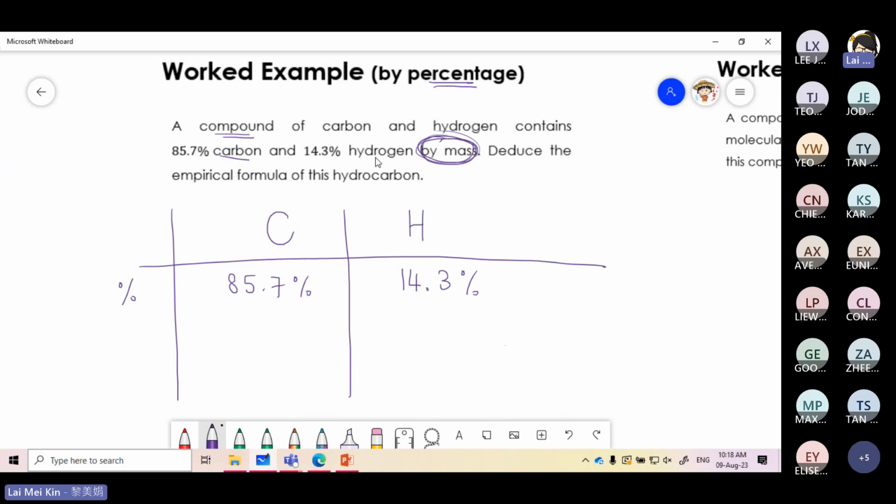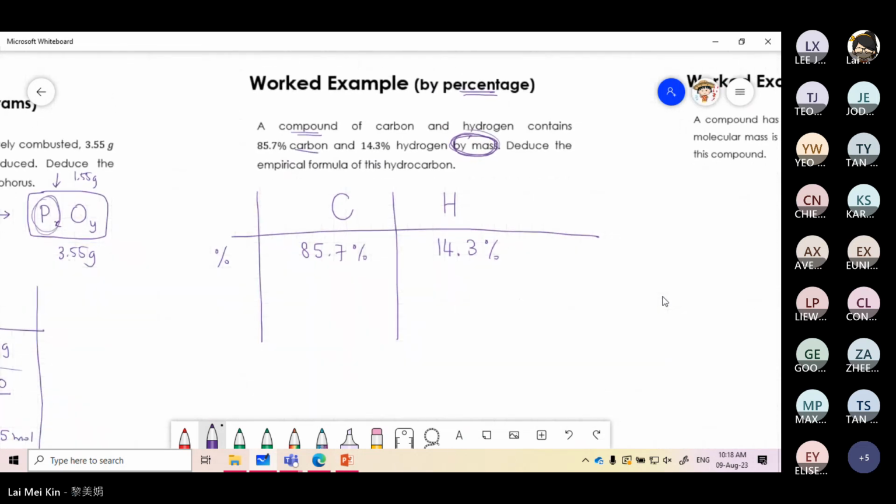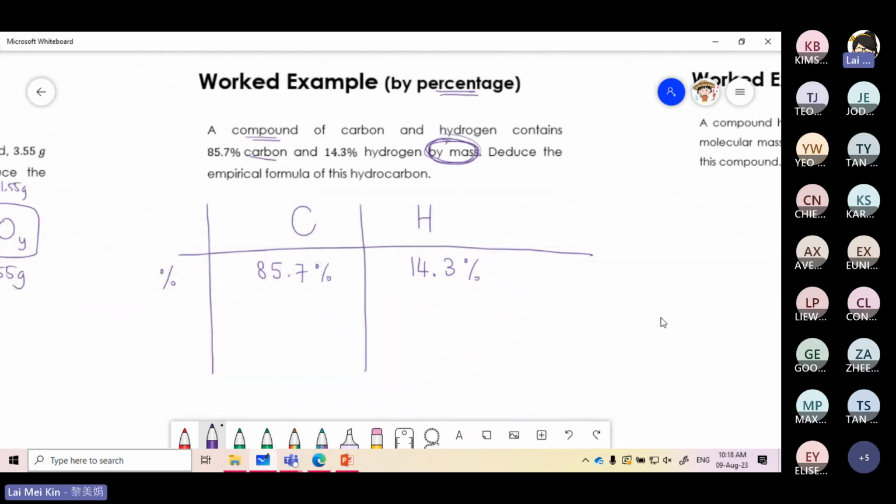Can I use the percentage and assume it represents the mass as well? Yes. Why yes? Because you want the ratio. We are looking at the ratio of the mole, the simplest ratio. And we learned just now, percentage composition by mass: we use the mass divided by total mass to get the percentage.